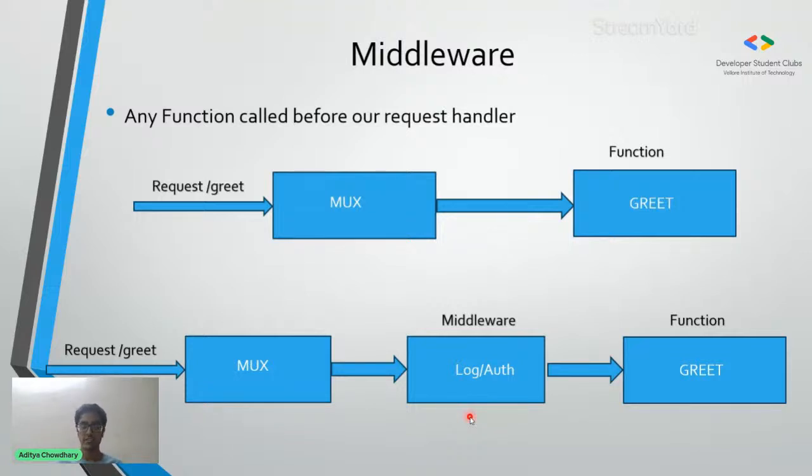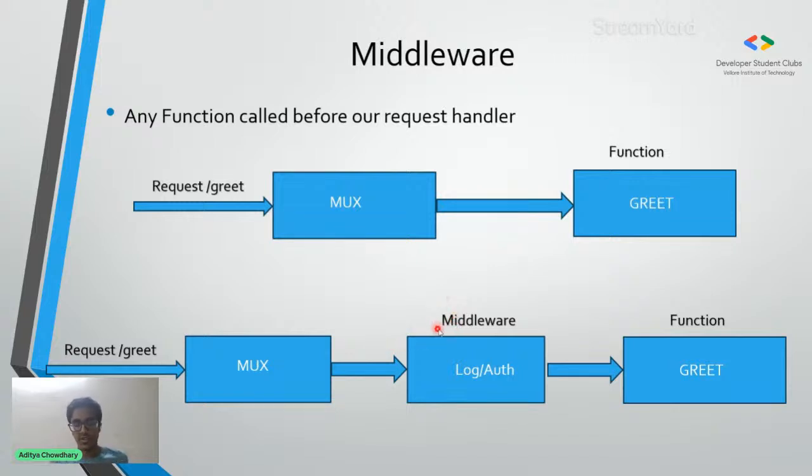All that kind of stuff can be defined by the middleware, because there's no point in sending a request to a function if the user is not allowed to access that information, right? You don't want that happening. You want to make sure that the requests reaching our function are called by users who are actually able to reach that function.